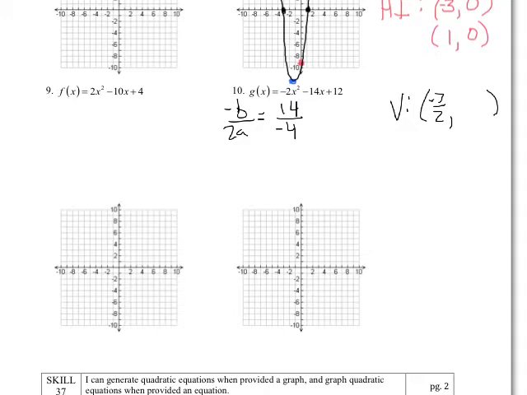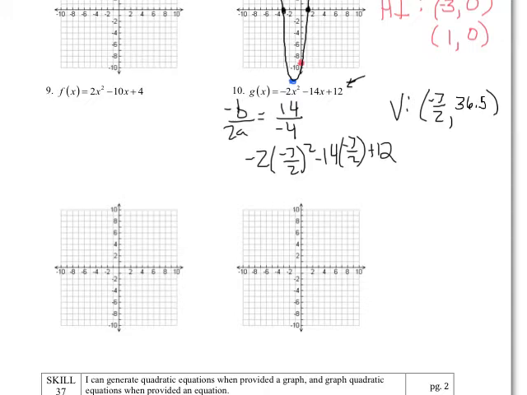And then if we want to figure out the y-coordinate, we need to plug in -7/2 into the function. So -2 times -7/2 squared minus 14 times -7/2 plus 12. And plugging it into a calculator, I got 36.5, which is clearly off the graphic provided.